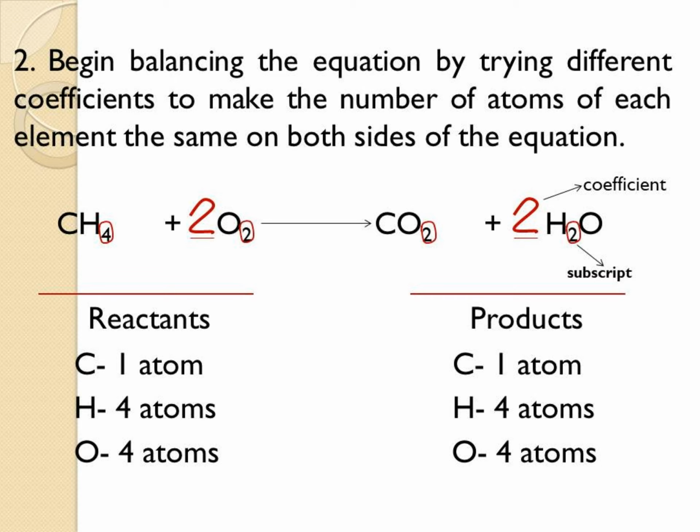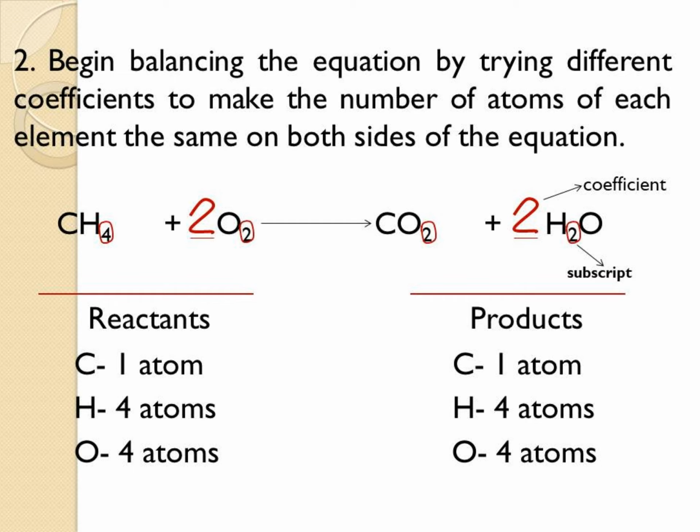For the oxygen atoms on the product side, originally it has only 2 atoms from carbon dioxide. In H2O, oxygen has no subscript, so it has only 1. However, due to the coefficient we place in front of H2O, we multiply 1 times 2, so that's 2, plus another 2 atoms of oxygen in the carbon dioxide.